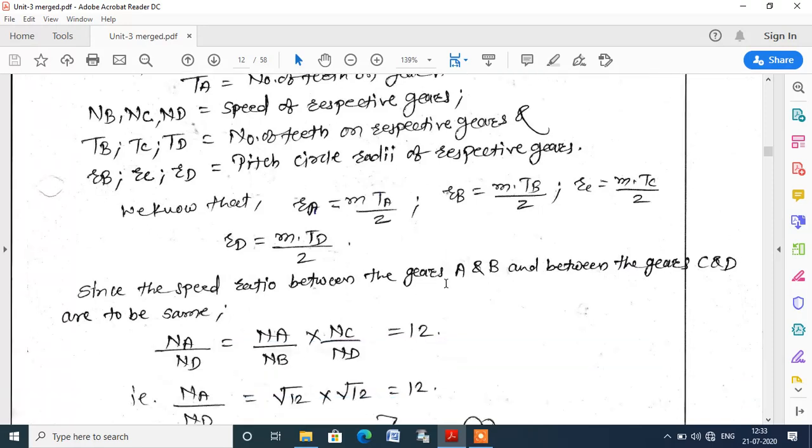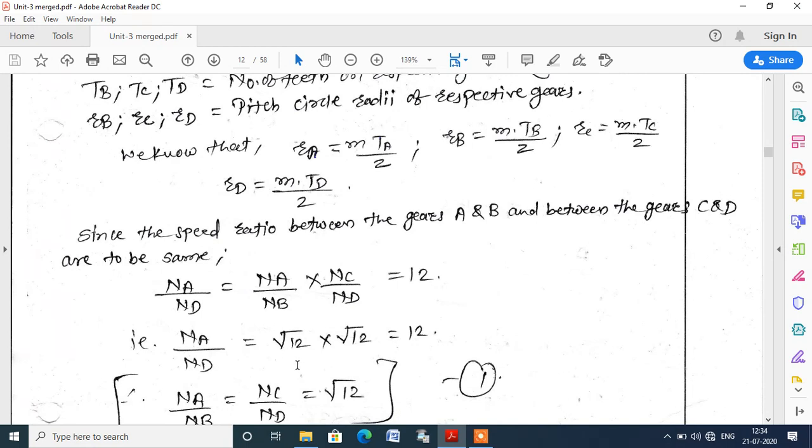Now since the speed ratio between gears A and B and between gears C and D are to be the same, we can write Na upon Nd is equal to Na upon Nb into Nc upon Nd, and that is 12. So 12 can be written as the product root 12 into root 12.